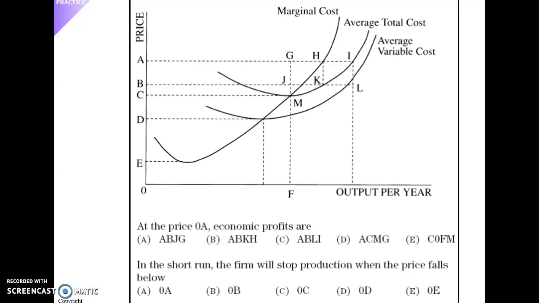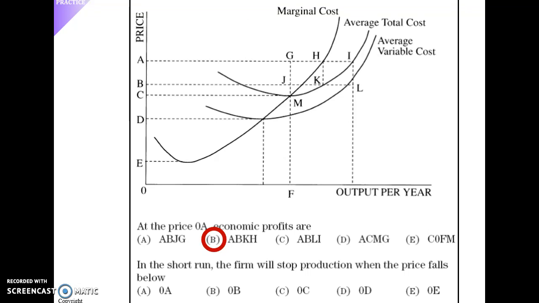Okay, so here is a question from, I don't know what year this exam question is from. But at a price OA, economic profits are ABKH.